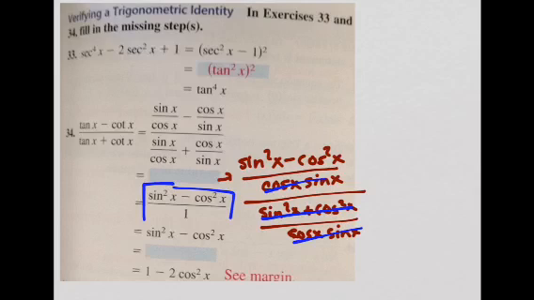And so the next step is sine squared x minus cosine squared x. Notice the final answer doesn't have any more signs. So what you're going to do here is replace sine squared x with 1 minus cosine squared x. Like that. And so the final step would be to combine the cosine squared x's.